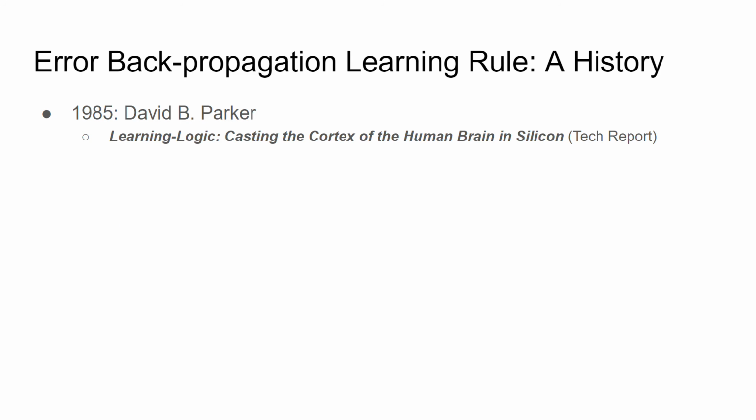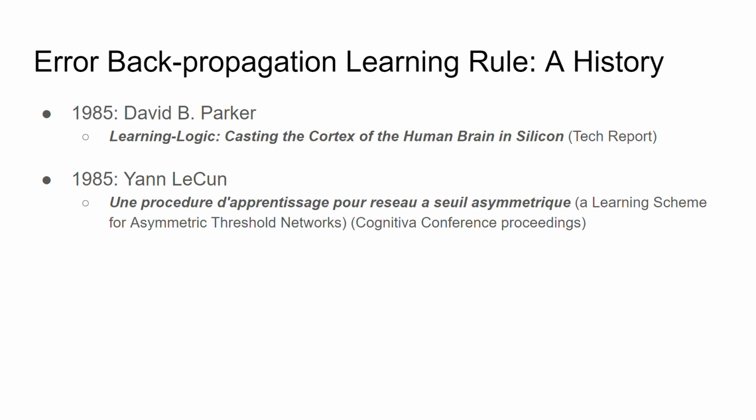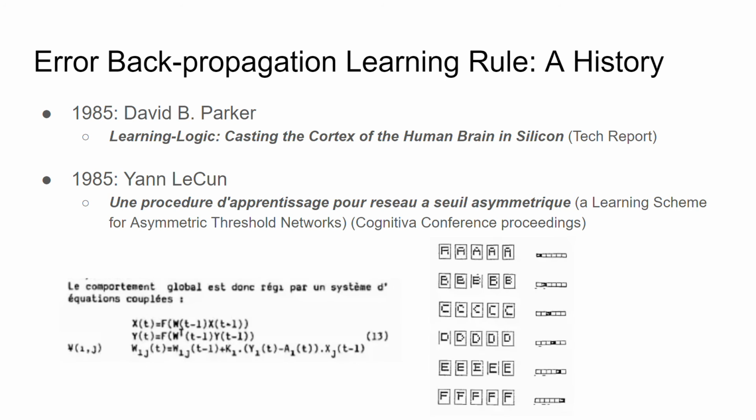Other arguments for where it comes from: there's a tech report from '85. There's also a conference proceedings, also from '85, from Yann LeCun, who's still a big luminary in neural networks. Those can also be seen as initial sources, where, again, it's the same learning rule, the same nifty approach to creating features, and even applying it to tasks like digit recognition.